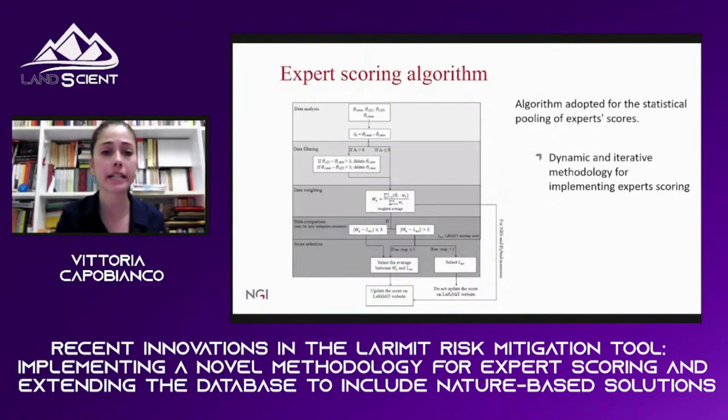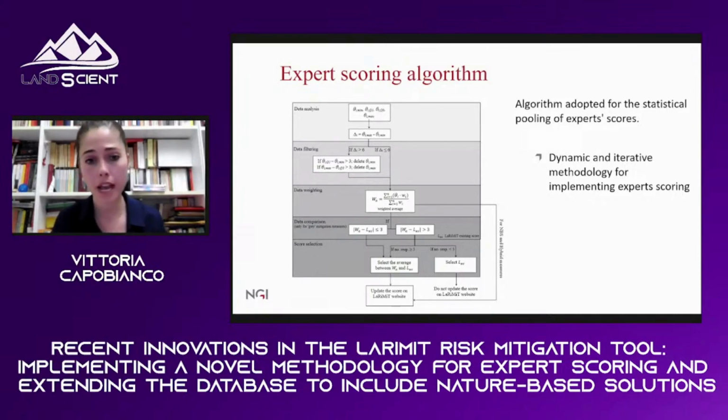And we proposed an expert scoring algorithm. I won't go into detail on the expert scoring algorithm, but basically we made this algorithm in such a way that we used it once to test out the methodology this time, but it can also be used in future because it's made so that it can be dynamically implemented.